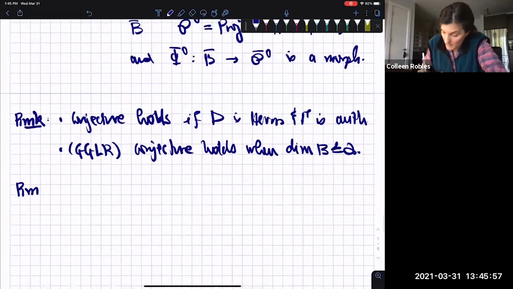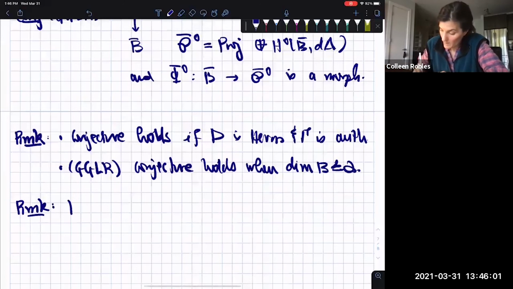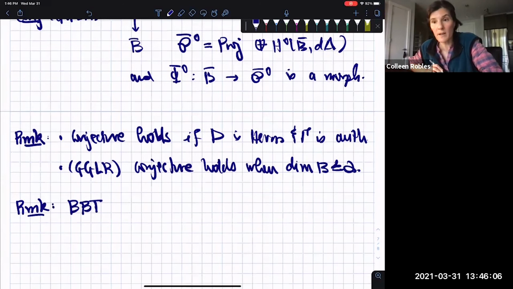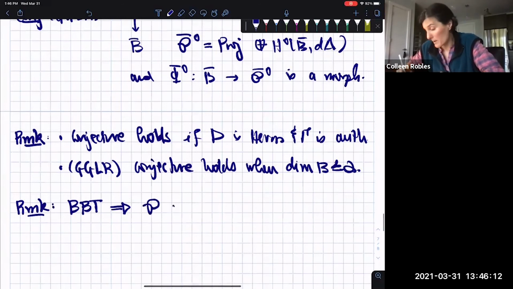And perhaps one more remark. So this beautiful result of Bakker, Brunebarbe, and Tsimerman, they prove that the image of the period map is quasi-projective.